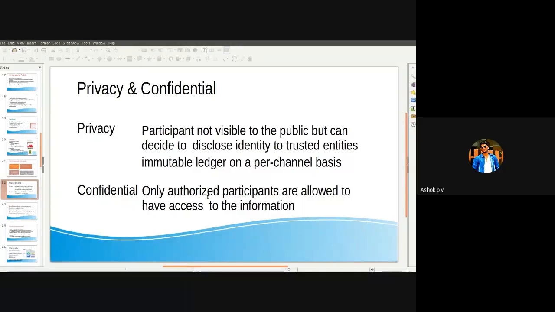So the privacy part I was saying: if a participant is available in a particular network, this happens mostly in financials and enterprise applications, where a participant is not visible to the public but can decide to disclose to trusted entities in the immutable ledger.